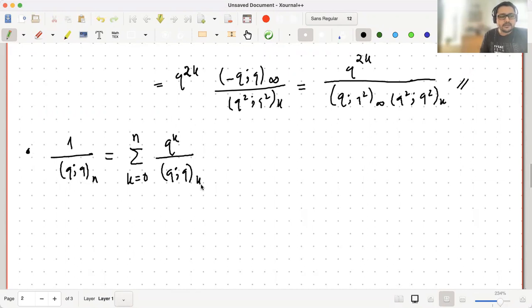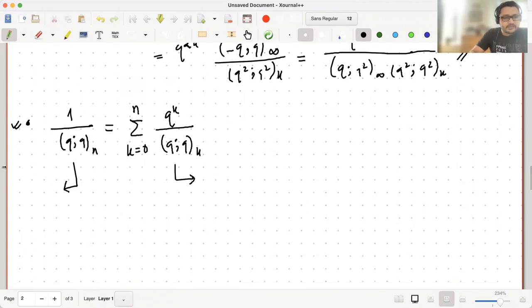So this part is the generating function for partitions into exactly k parts. Okay, and this is the generating function for partitions into at most n parts. So if you sum over the generating function for partitions into exactly k parts, where k runs from 0 to n, then you get the generating function for partitions into at most n parts. So this is a nice combinatorial proof for this identity.